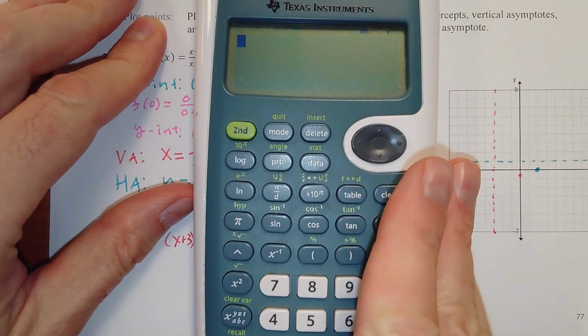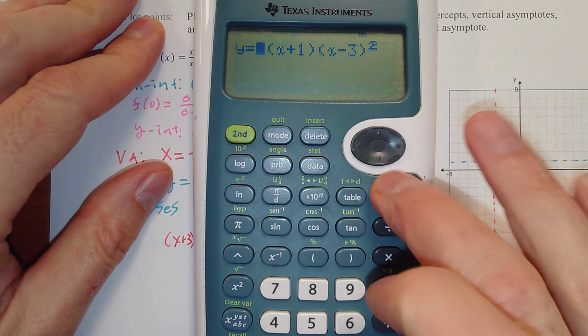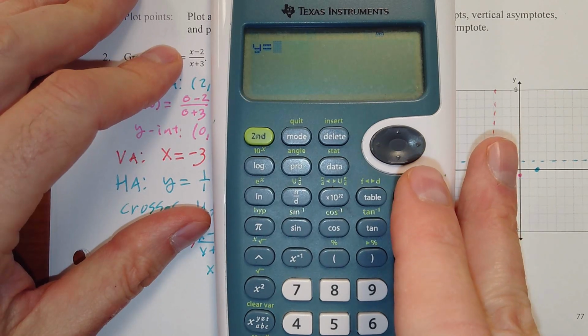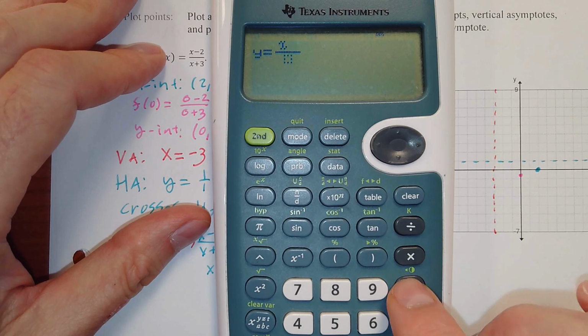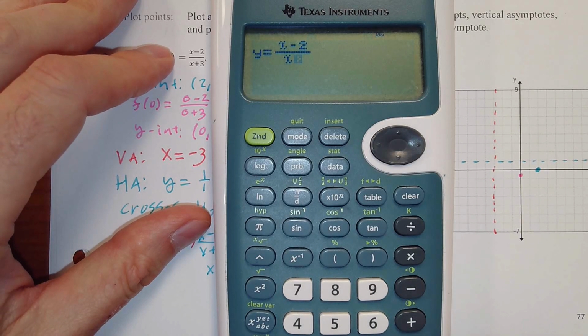So I'm going to hit my table key. Let's clear that. And then I'm going to enter my function in. So I'll do my fraction key, variable key, minus 2 over my variable key plus 3. Hit enter.